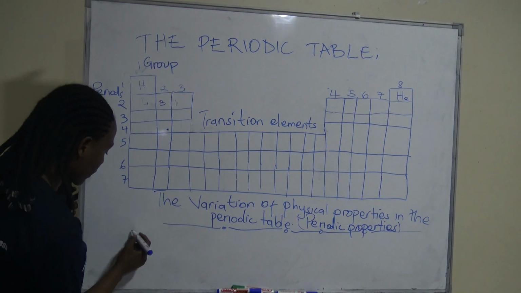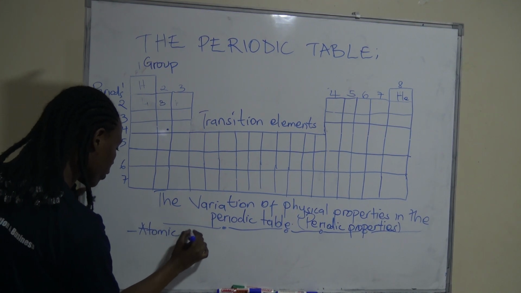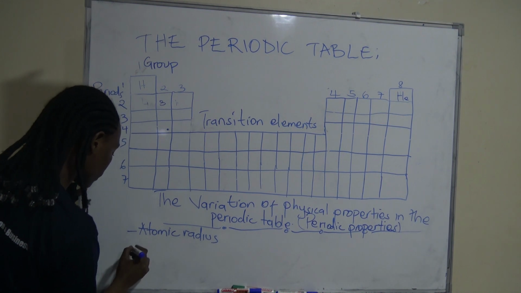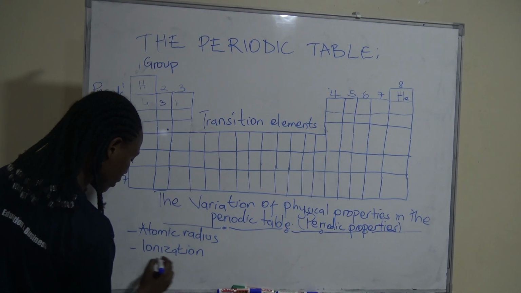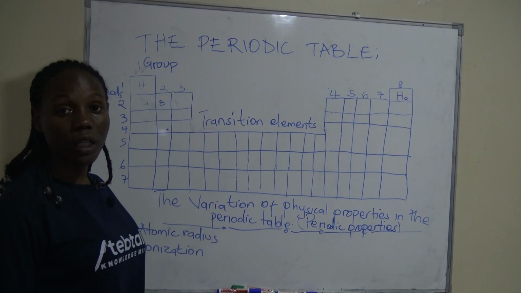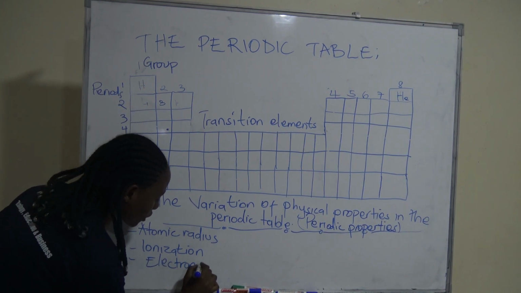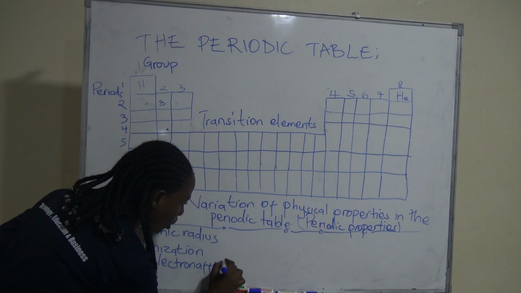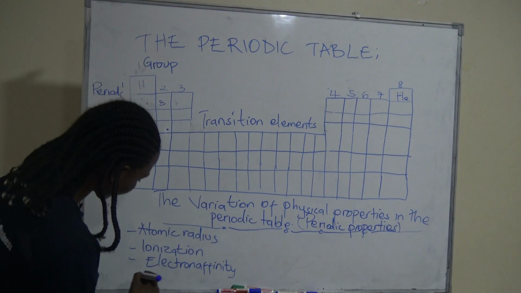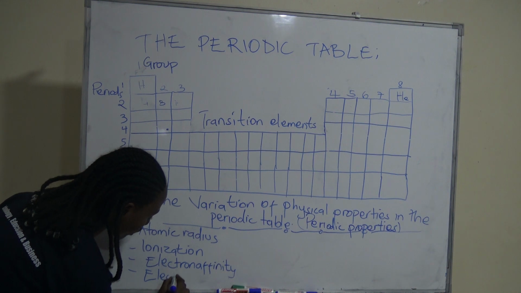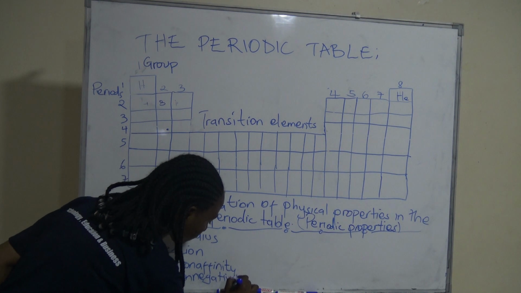We have electron affinity. We have what we call electronegativity.